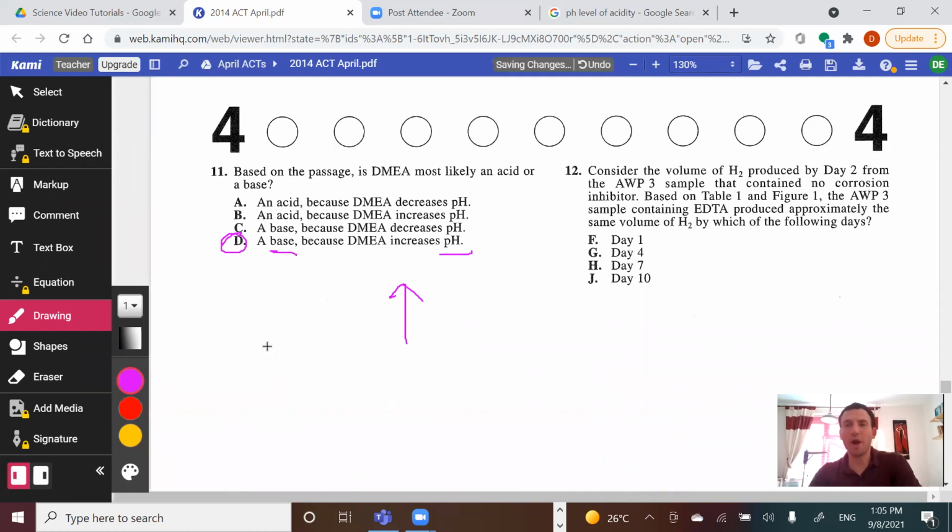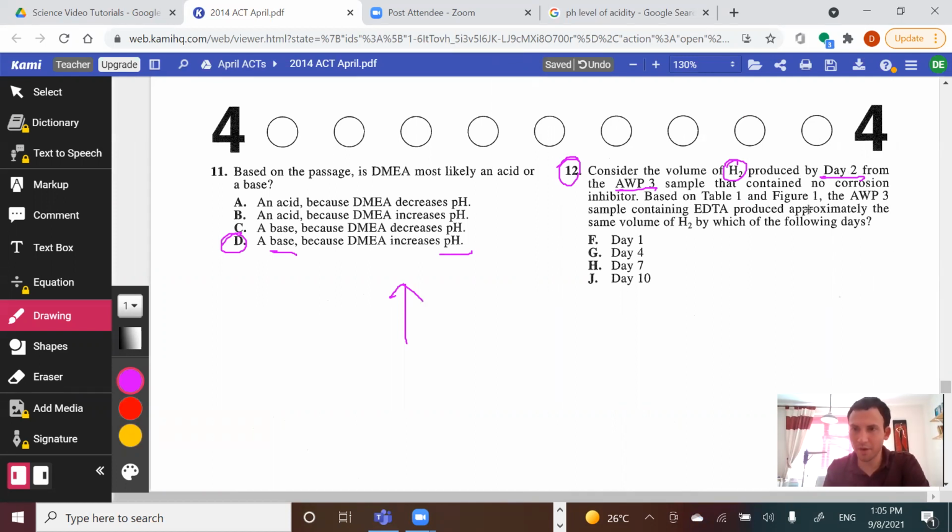Okay, and 12, which should be the hardest one. So let's take a look at 12 here. Consider the volume of H2 produced by day 2 from AWP3. So we're considering this output on day 2 with these inputs, and then with no corrosion inhibitor.